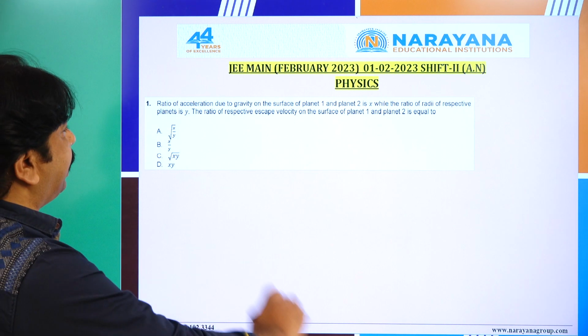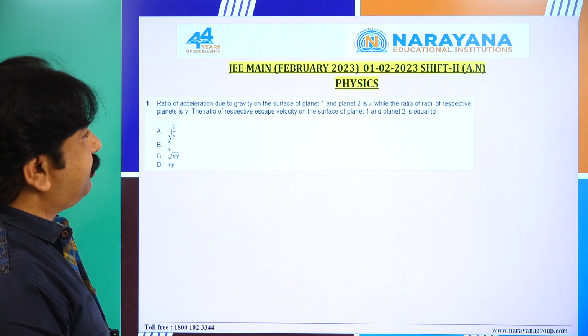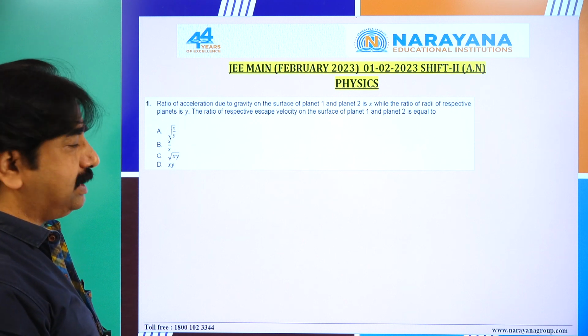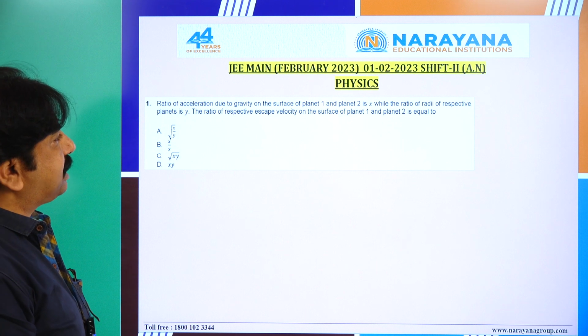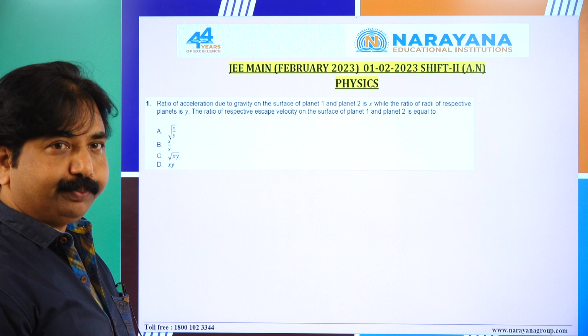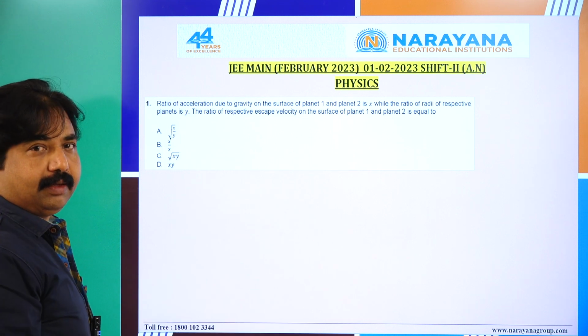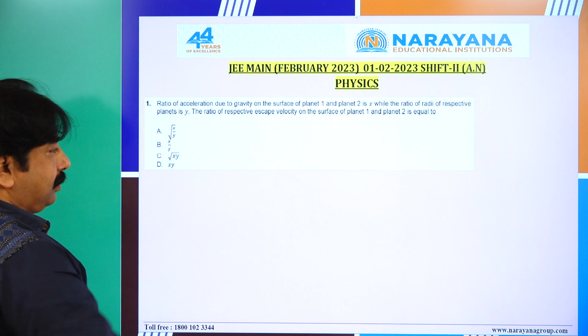Ratio of the acceleration due to gravity on the surface of planet 1 and planet 2 is x, while the ratio of the radii of respective planets is y. The ratio of respective escape velocities on the surface of planet 1 and planet 2 is equal to? Now, first of all, it is completely from gravitation only.